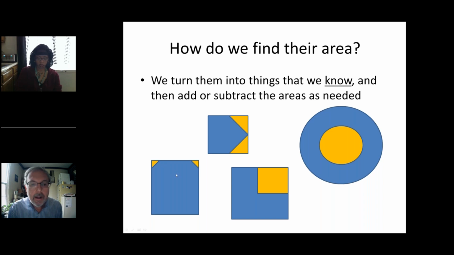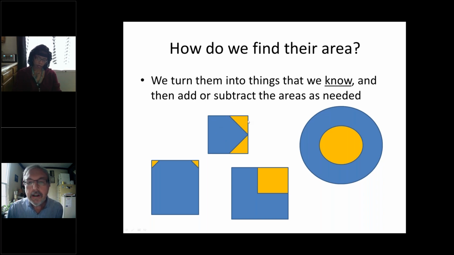So that might be a way that we would approach figuring out what this area would be. So we might find the whole area and then subtract off these two areas to be left with the area that's in blue. Does that make sense? Yes.